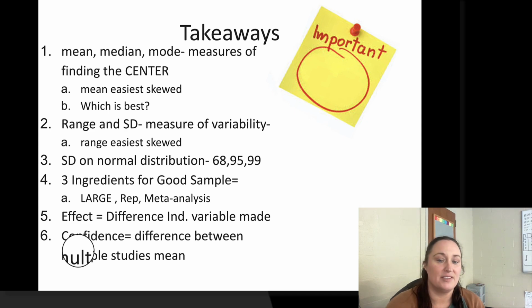We have to remember the 68, 95, 99 rule. Samples should be large, representative, and meta-analysis is best, multiple studies. Effect size, we're looking at, does the independent variable actually make a difference in a practically significant way? And confidence intervals is looking at the differences between multiple studies.